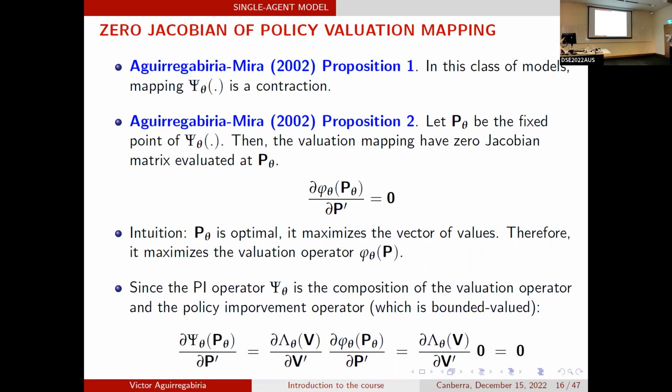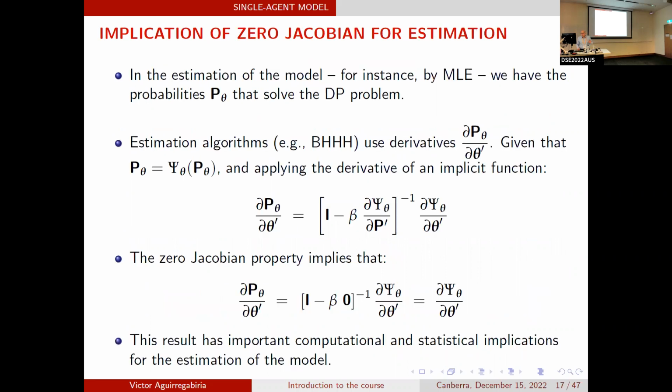Excellent question. I perfectly understand that at this moment it looks very obscure why this is going to be useful. Before I go to the estimation and to the definition of the NPL that I have not defined yet, let me provide a little bit more detail about an implication of this zero Jacobian property that hopefully is going to help you.